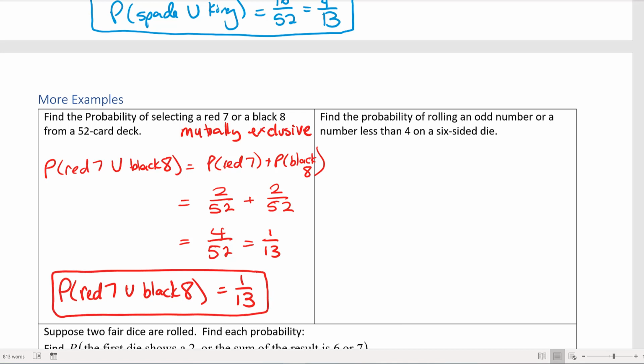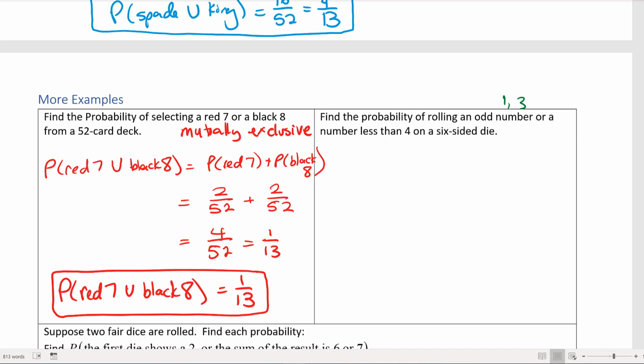Okay, next, find the probability of rolling an odd number or a number less than 4 on a 6-sided die. Well, is there any way that we could roll an odd number and a number less than 4 at the same time? Well, sure. A 1 and a 3 are both odd and less than 4.